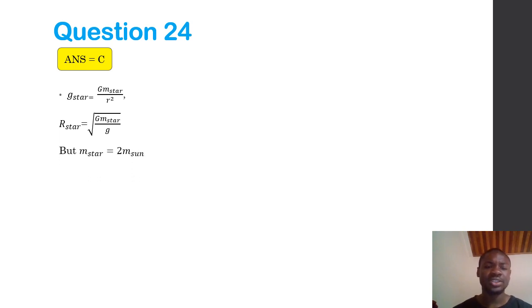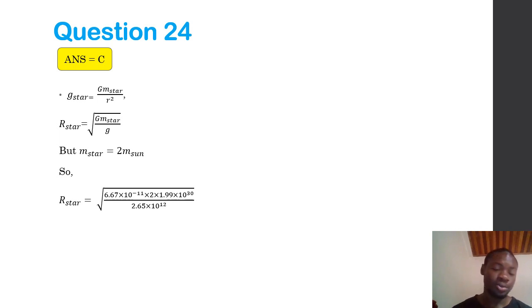But the mass of the star is equal to 2 times the mass of the sun. So the radius of the star will be equal to all those calculations, which gives 10,008.79 meters, approximately 10 kilometers. So the correct proposition is C.